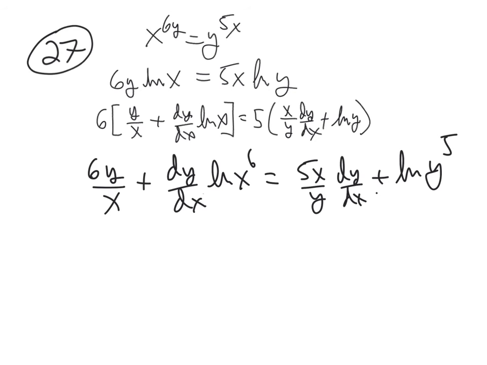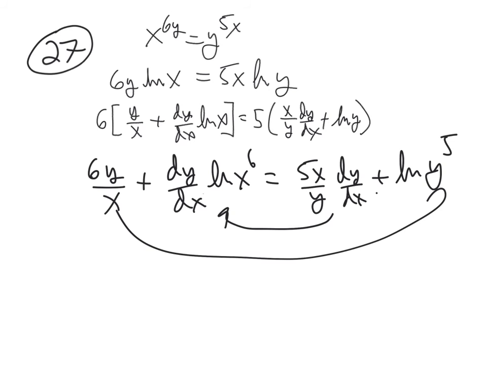Okay, so now I'm going to move everything with the dy/dx to one side, all the other terms to the other. So, and can I make this jump? So what I'm going to do is I'm going to move this over here, move this over here. I'm going to bring that 5x/y times dy/dx. I'm going to factor out the dy/dx, which leaves me this.